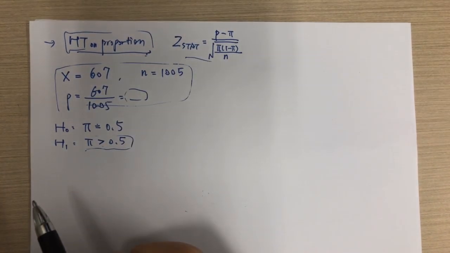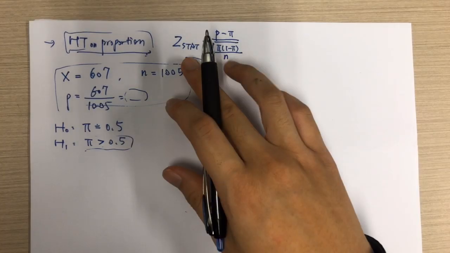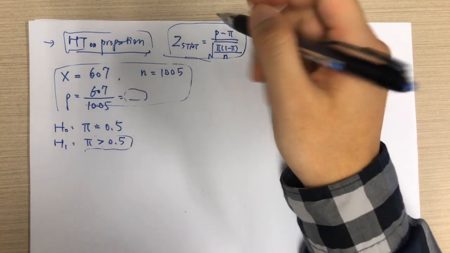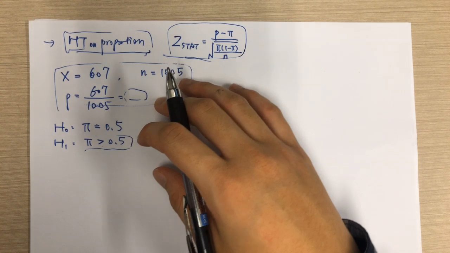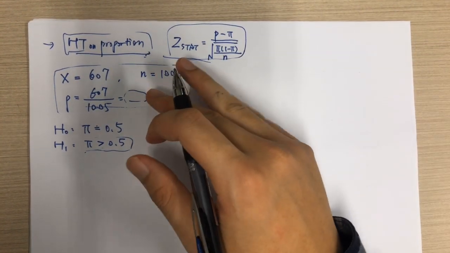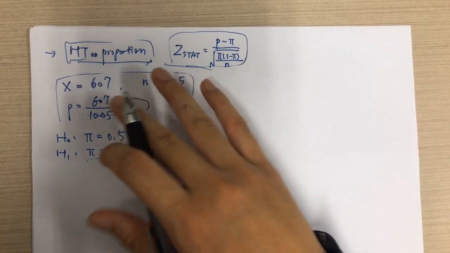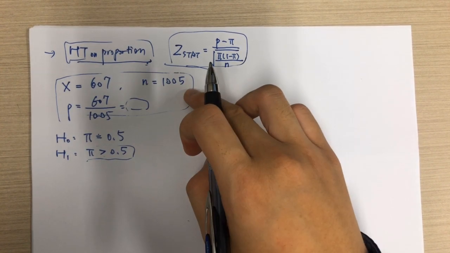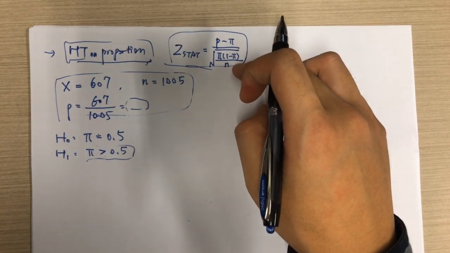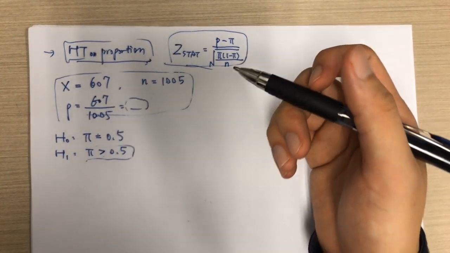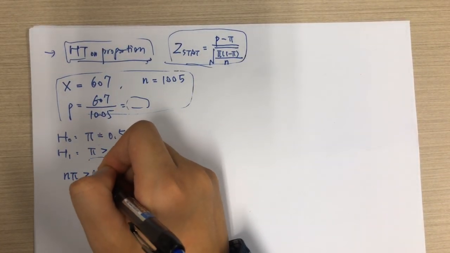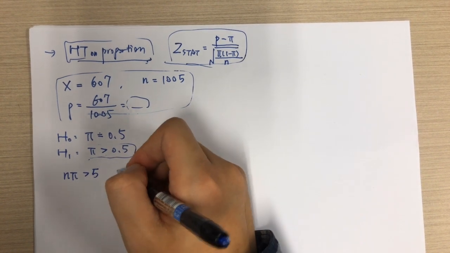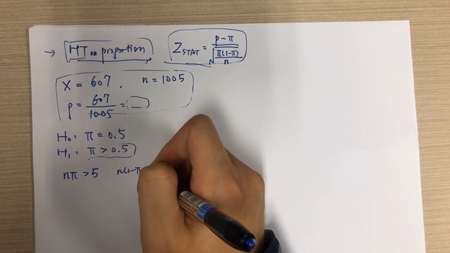But before that, you need to be aware that in order to use that formula, we need to test the assumptions as well. So what are the assumptions or required conditions for using this formula? Again, from the central limit theorem, we need to require that n times pi is greater than 5 and n times 1 minus pi is greater than 5, right?